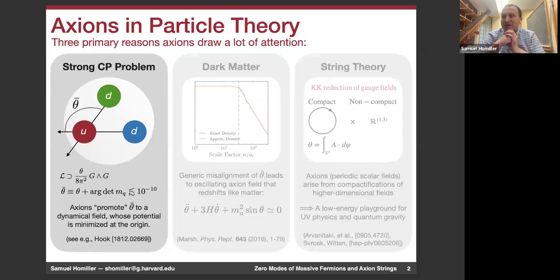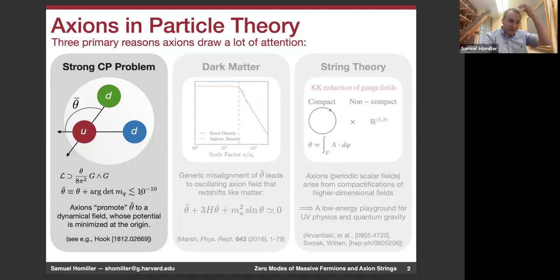It's a phase. It should take on some value between 0 and 2 pi. And it also leads to an electric dipole moment for the neutron. And yet when we go and search for this electric dipole moment, we find that the value of theta bar that's experimentally allowed is smaller than 10 to the minus 10.